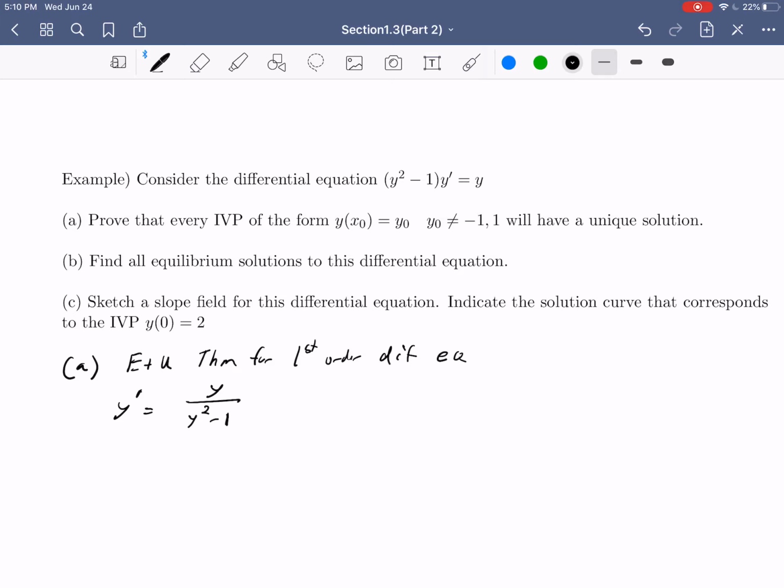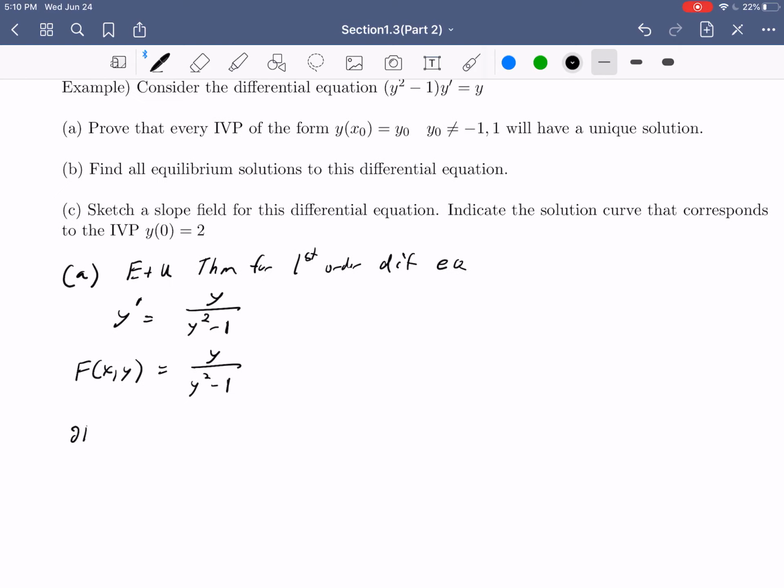And if we look at that, now we can see that f of x, y is y over y squared minus 1. And of course, the partial of f with respect to y, we'll have to use a little quotient rule. It looks like y squared minus 1 minus y times 2y, over y squared minus 1 squared. Looks like what?